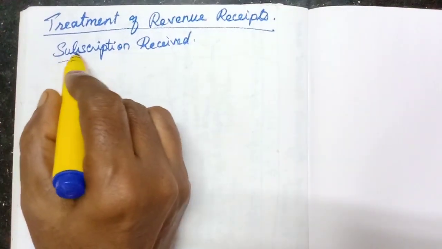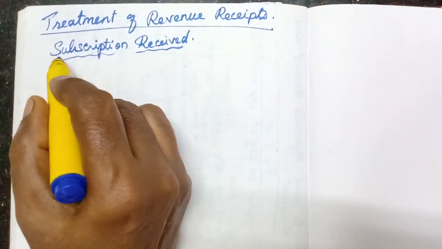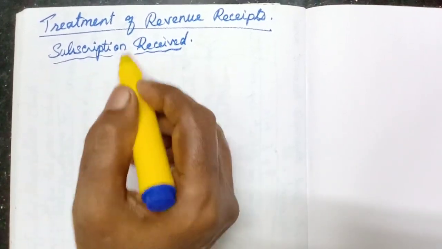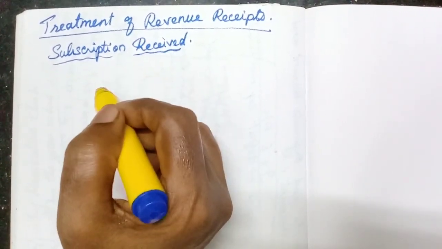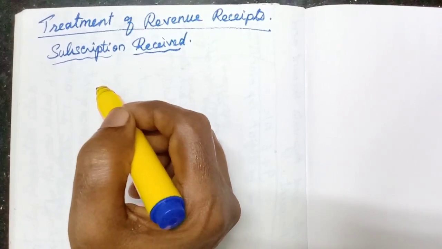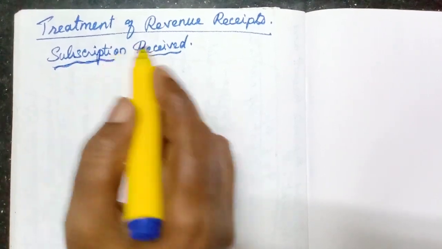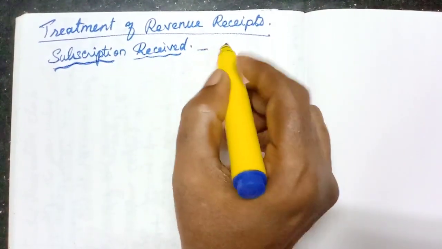Other items may not have many adjustments. Only along with the subscription do we have to make many adjustments, which we are going to learn separately. Here what we have to think is what is related to that particular year.